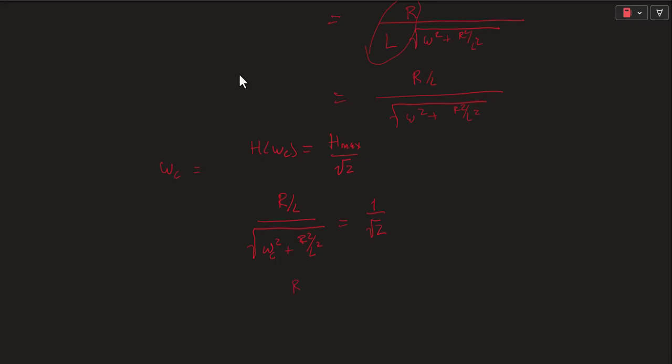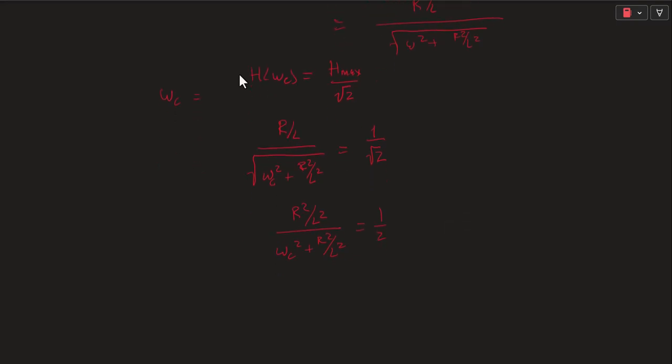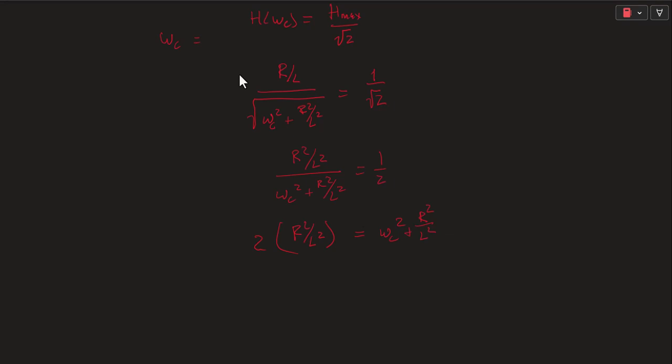Square both sides: r squared over L squared over omega c squared plus r squared over L squared equals 1/2. r squared over L squared times 2 equals omega c squared plus r squared over L squared.